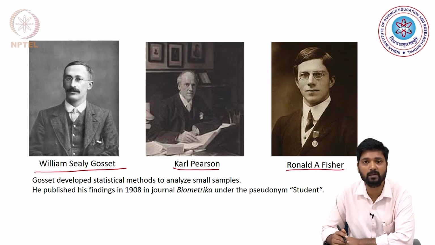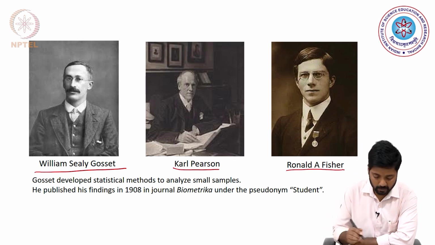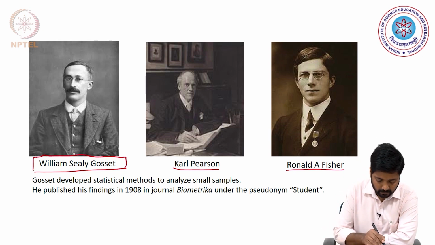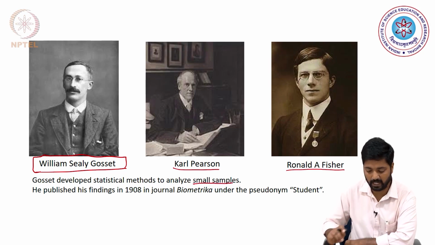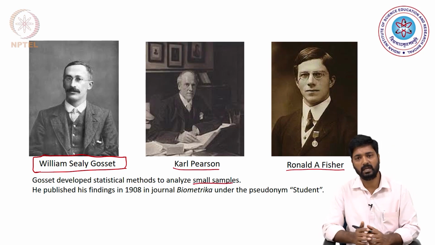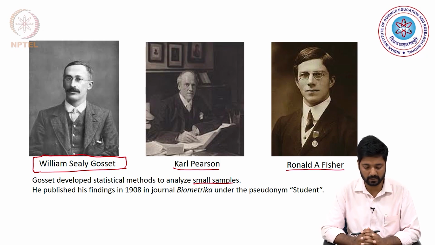So, these 3 people laid the foundations of early statistics, which saw very rapid inclusion both in academics as well as in industry. So, what William Gosset did was he developed statistical methods to analyze small samples, and there is an interesting anecdote to be told here.